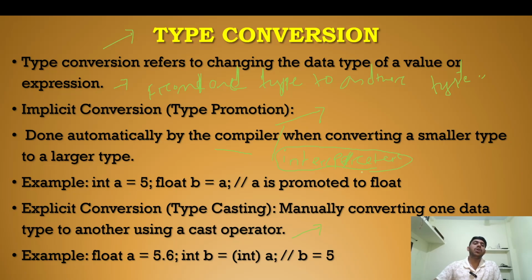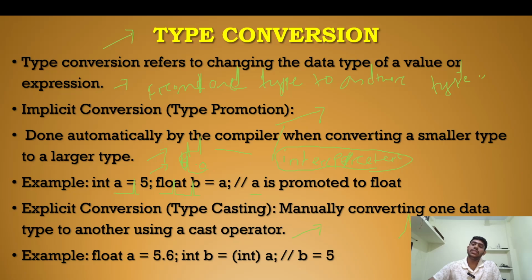When converting a smaller type to a larger type, so you can see here a equal to 5, float b equal to a. Now a is promoted to float. Previously a was 5, now a is converted to 5.0.